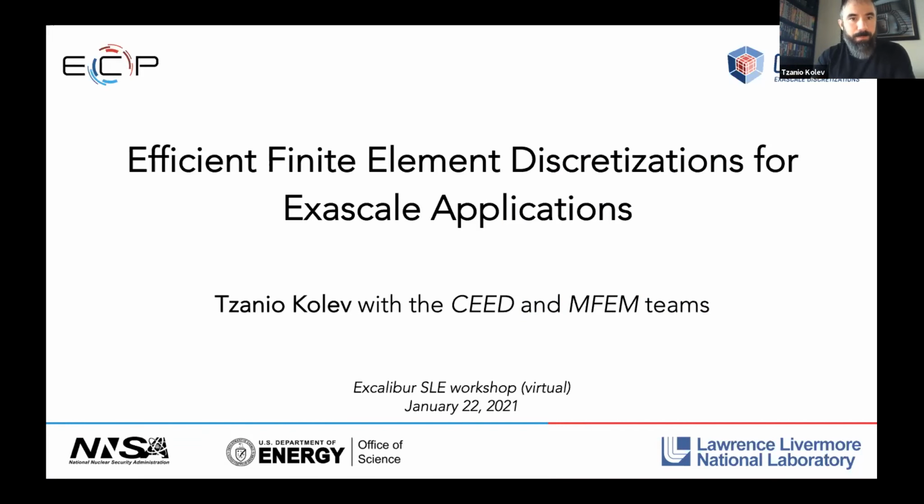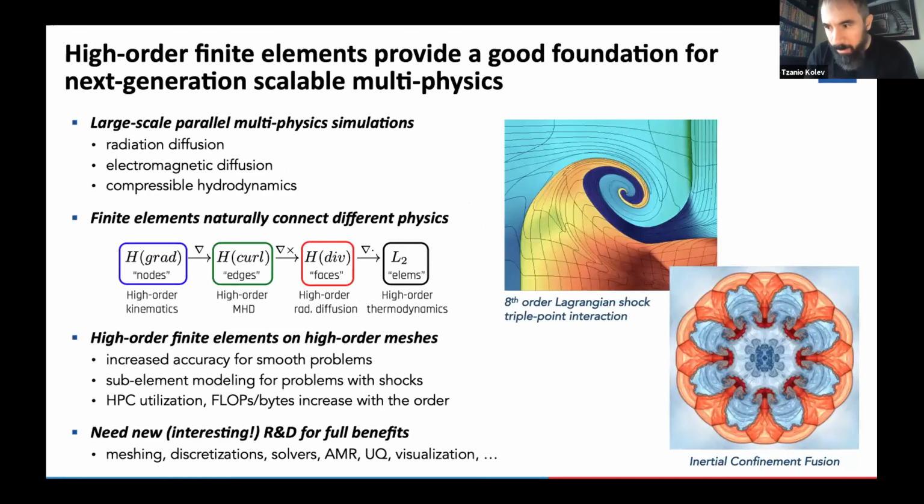possible. All right, so our starting position is that when it comes to large-scale simulations, and particularly multi-physics large-scale simulations, finite element methods are a very natural choice for discretization, particularly for unstructured grids, problems with complicated geometry.